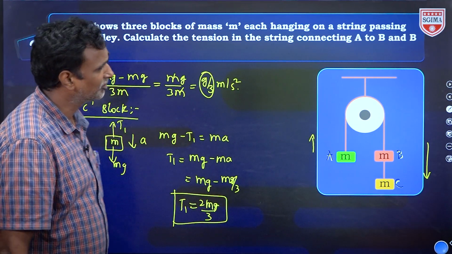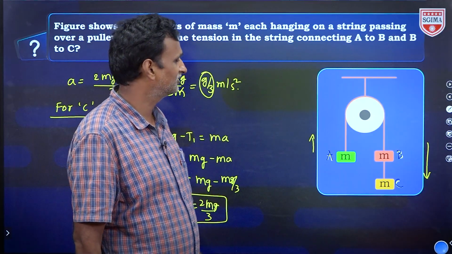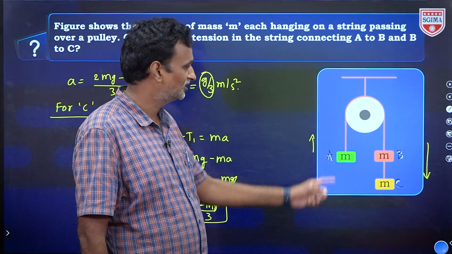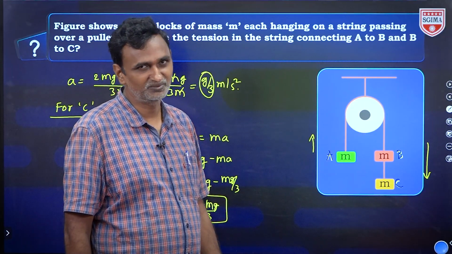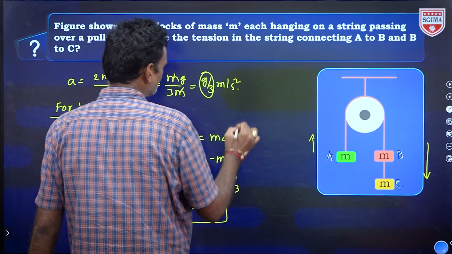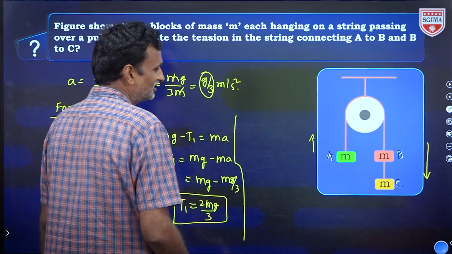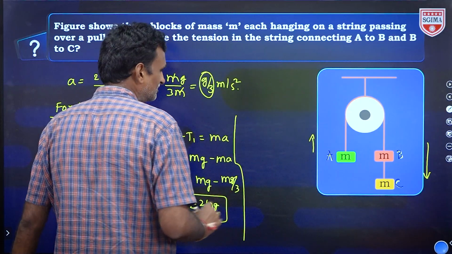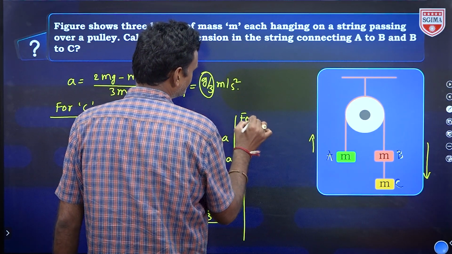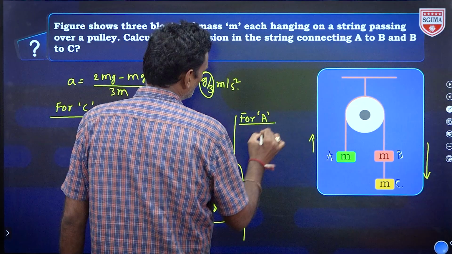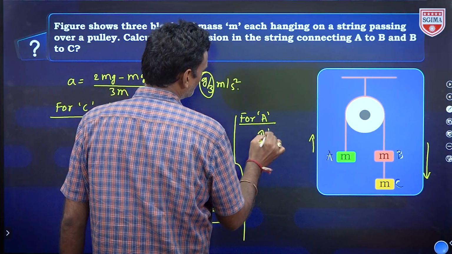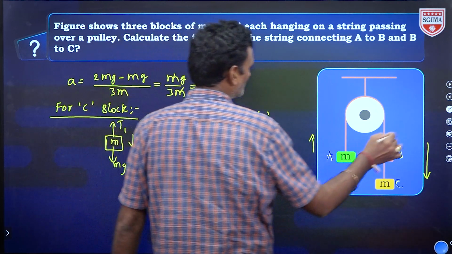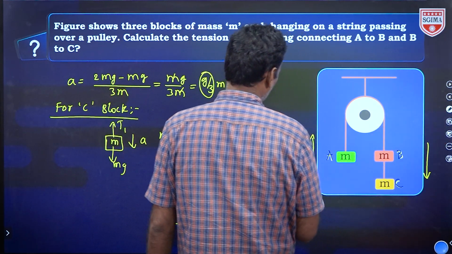Okay, and to not make it much complicated, you can solve from here also. Here also we get the answer for the second string, how much tension it will be. So that tension also we can find out. Let us see by taking this block or that block, that is up to you, right? I am taking block A. For block A, the upward force is T2, and the system is going upward on the left side and downward on the right side.